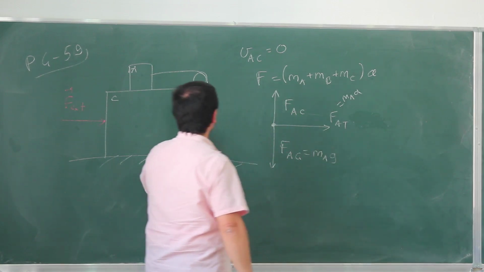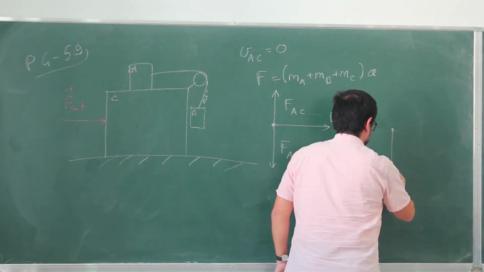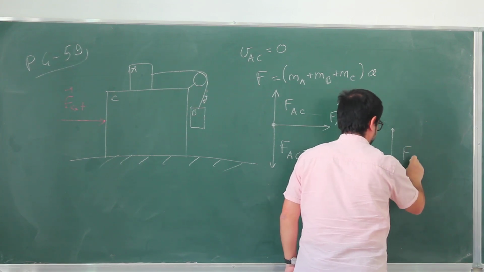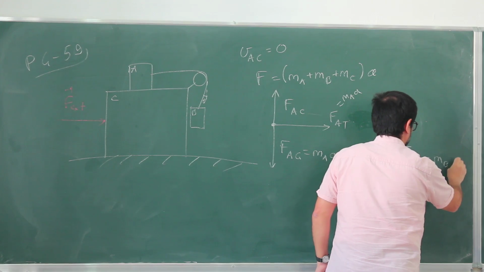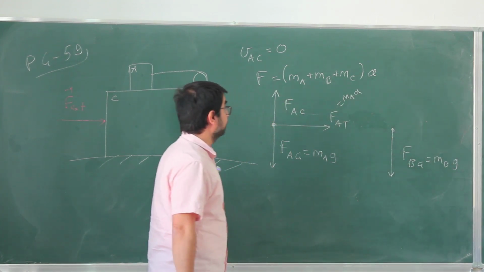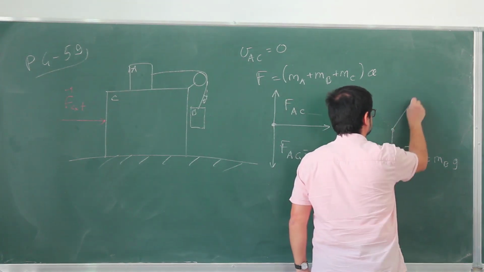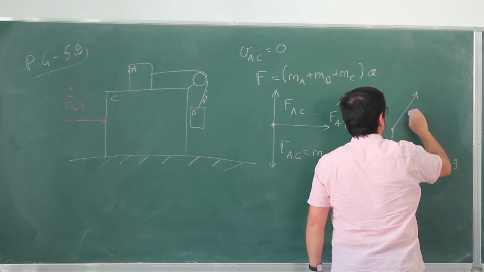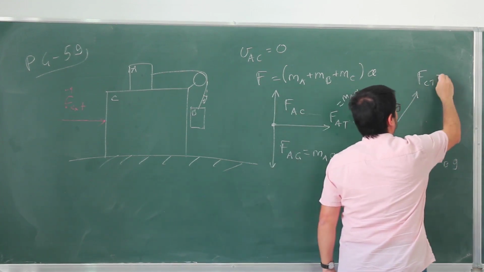Now, for this mass B, again, I have gravity, that's always there. This is going to be MB times g. I'm going to have the tension force, Fct, and this must be equal to Fat in magnitude.